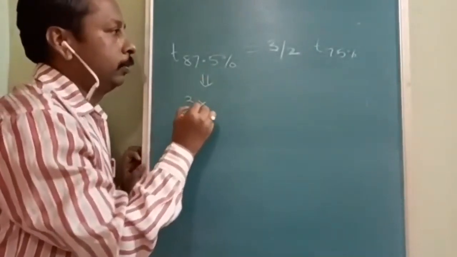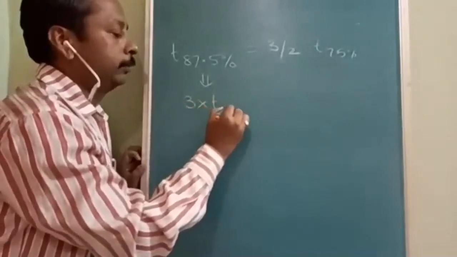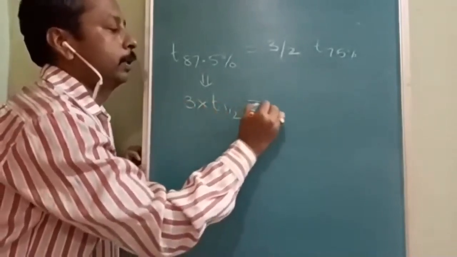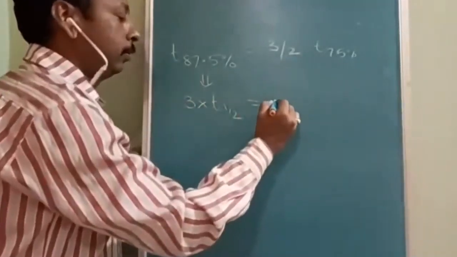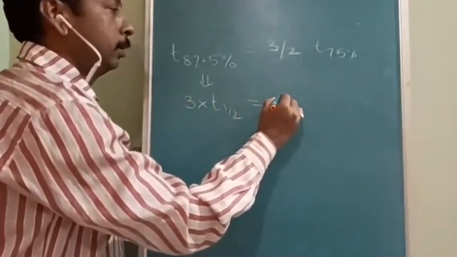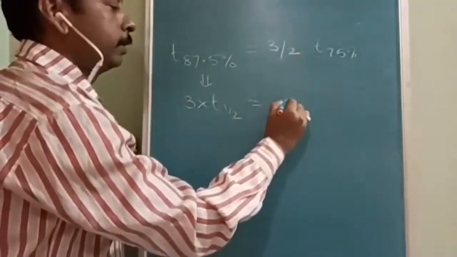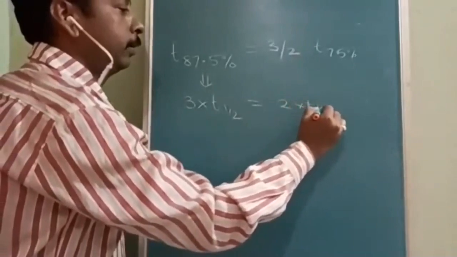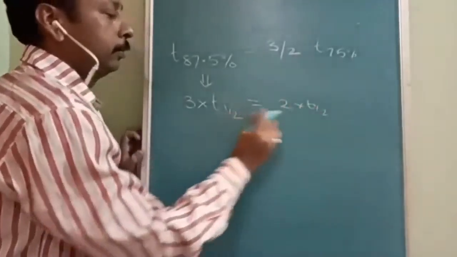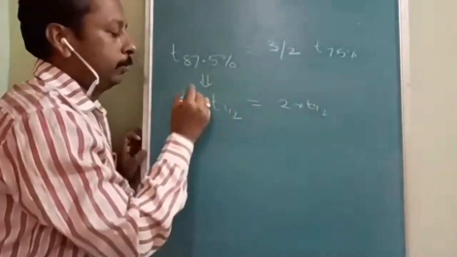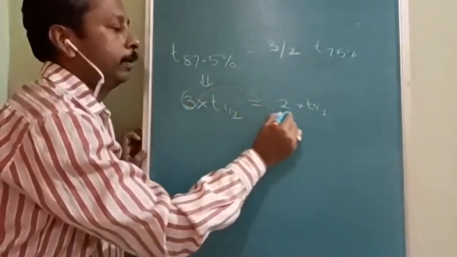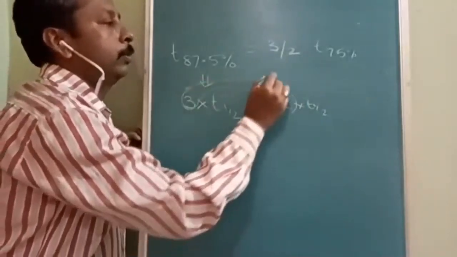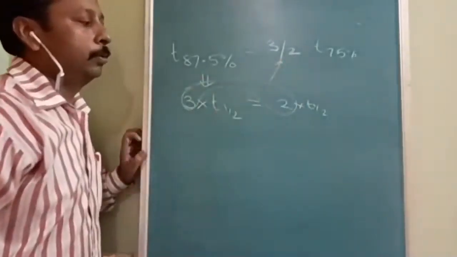It is equal to 3 into T half. Is it understood, students? And T75% is how many times? 2 into T half, or not? Okay. So what will it be? 3 by 2. This will be 3 by 2. How did this 3 by 2 come?